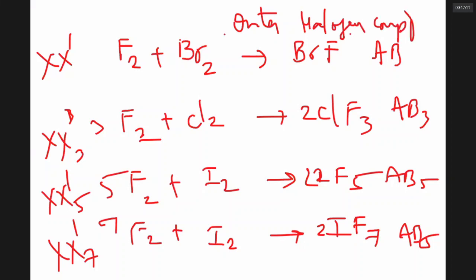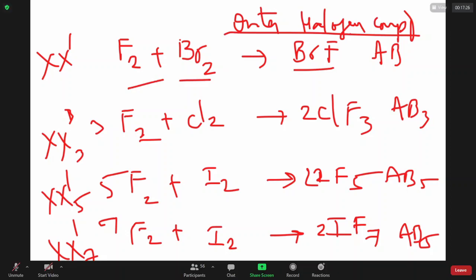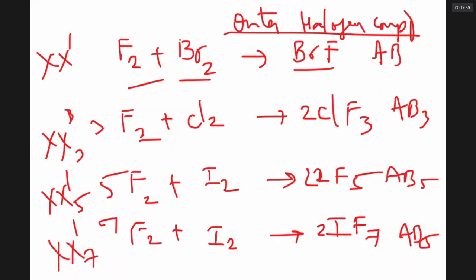The interhalogen compounds are more powerful halogenating agents than the halogen itself, because the BrF bond is weaker than the Br-Br bond or F-F bond. So if you want to fluorinate, BrF is a better choice. Similarly, IF7 is an excellent choice.